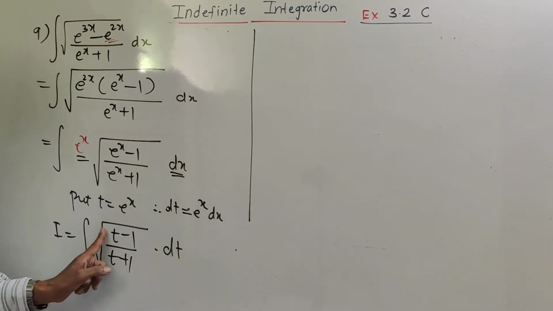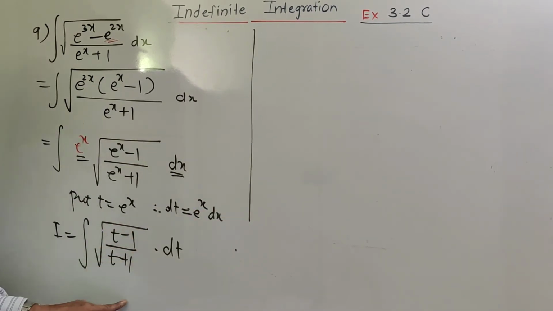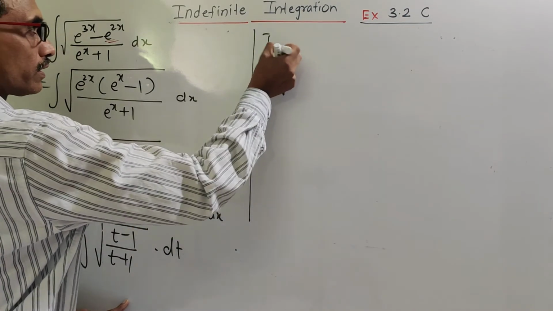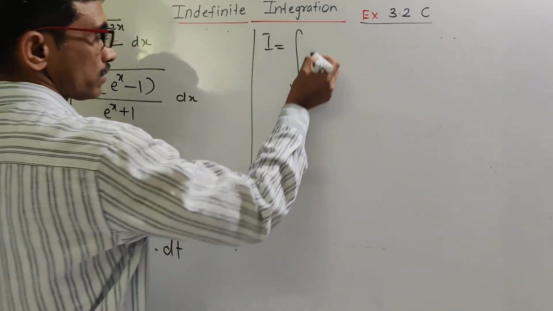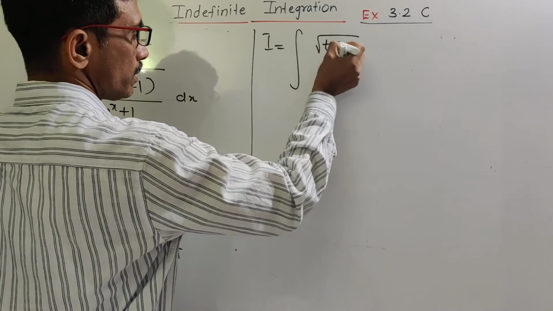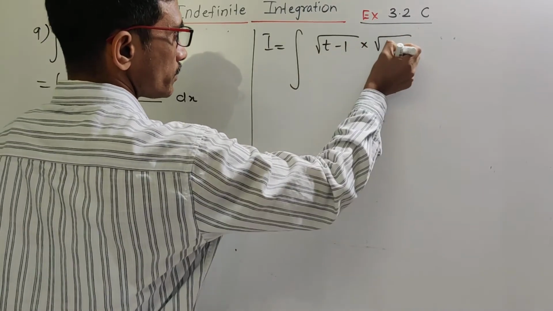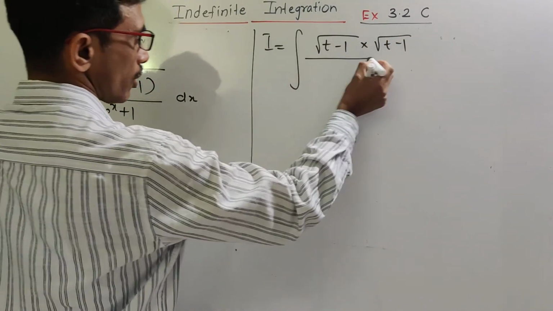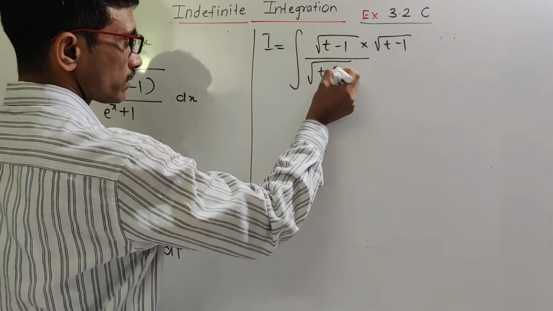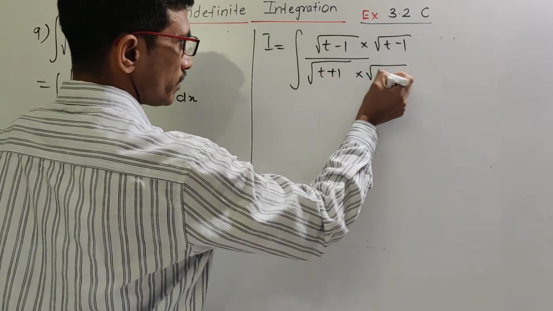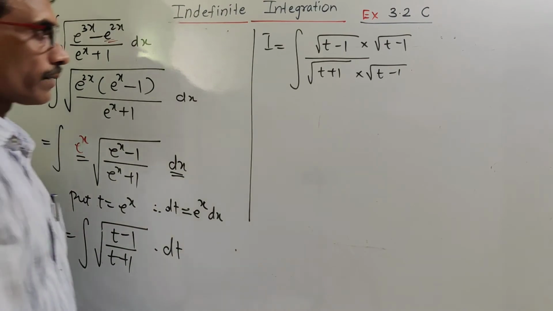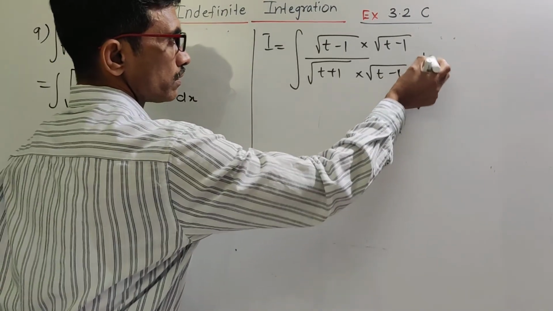Now we multiply numerator and denominator by root of t minus 1. So integral I is equal to root of t minus 1 into root of t minus 1 in the numerator, and the denominator is root of t plus 1 into root of t minus 1.